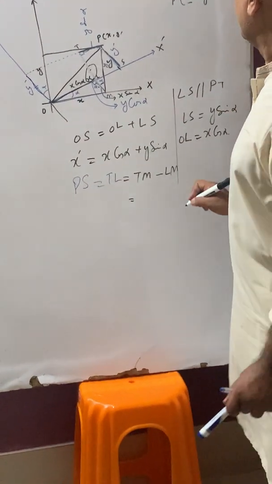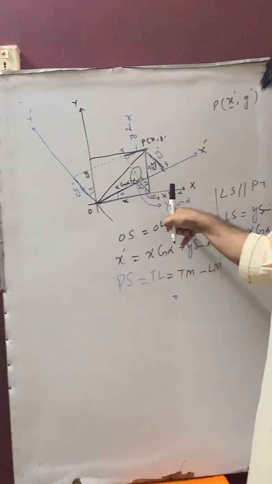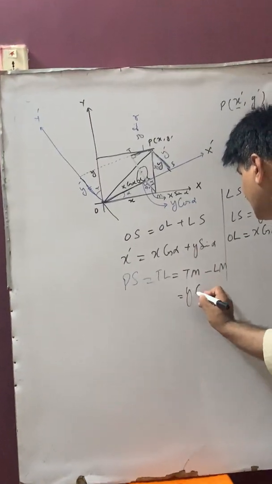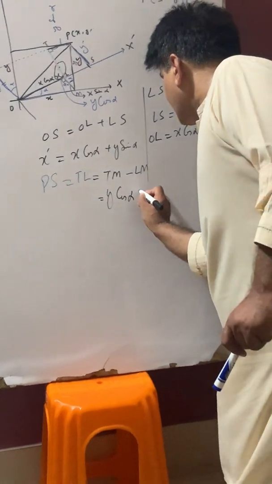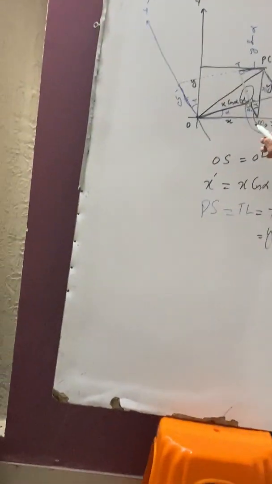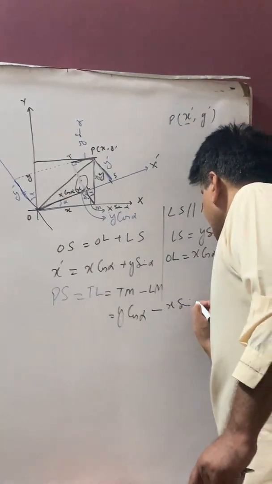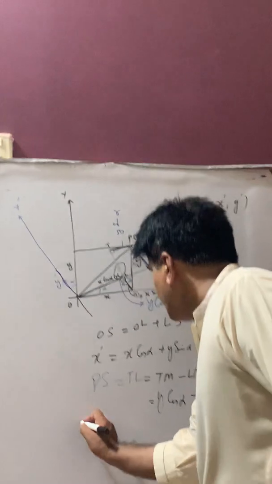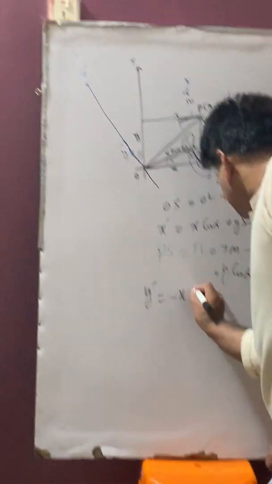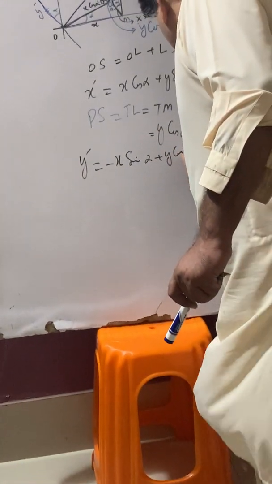TM is in fact, here written in blue color, y cosine of alpha, minus LM. LM is this one, and this is x sine of alpha. Therefore, y prime comes out to be minus x sine of alpha plus y cos of alpha.